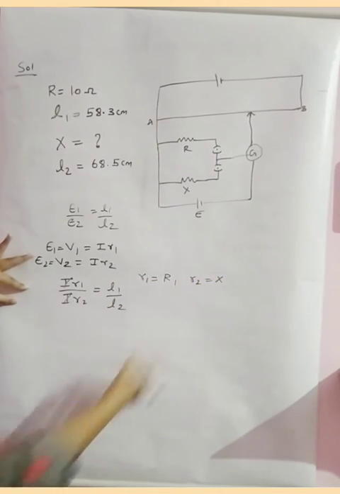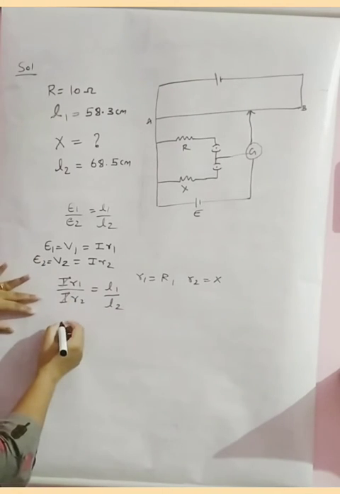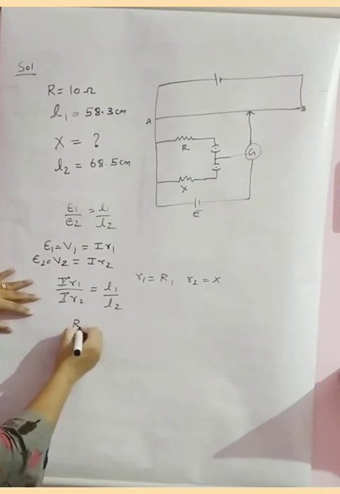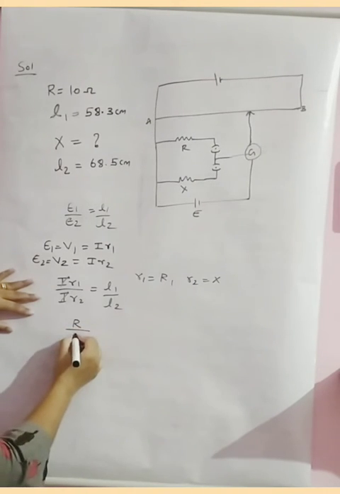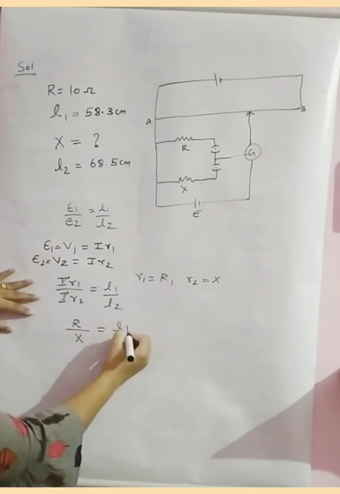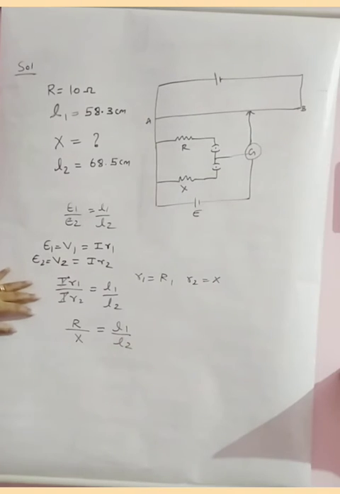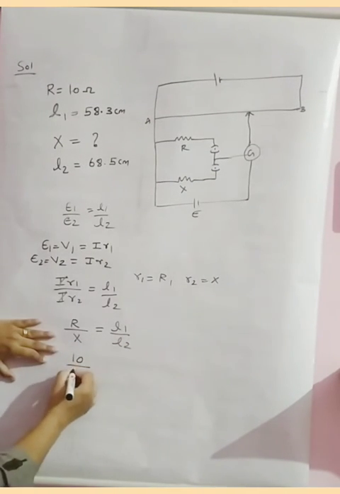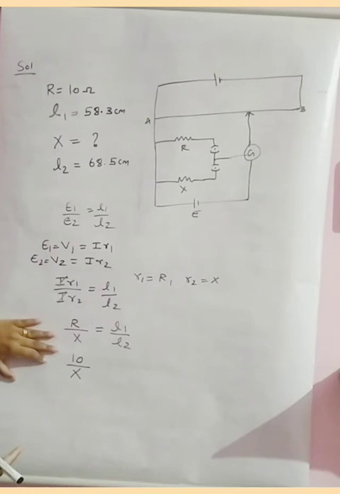Nothing but my capital X. So substituting, R upon X is equal to L1 upon L2. Now substitute the values. Value of R is 10. Value of X we don't know. This is only what we need to find out, the value of X.